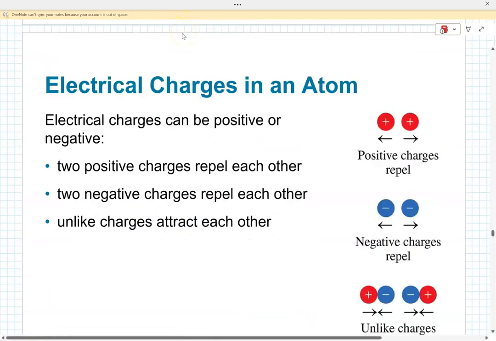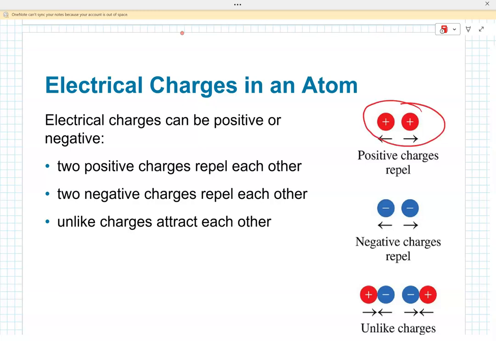So here's the conundrum. Turns out that positive and negative charges in the atom are separated in space. As we're going to see, positive charges are in the nucleus, negative charges are outside. But if you put 2 positive charges next to each other, they're going to repel.